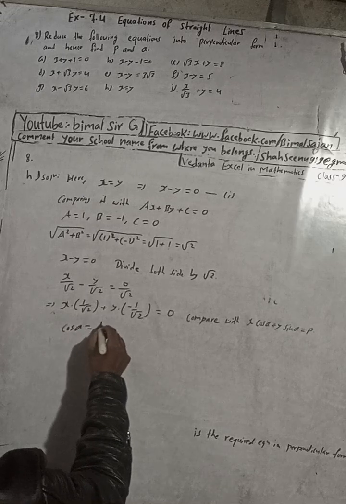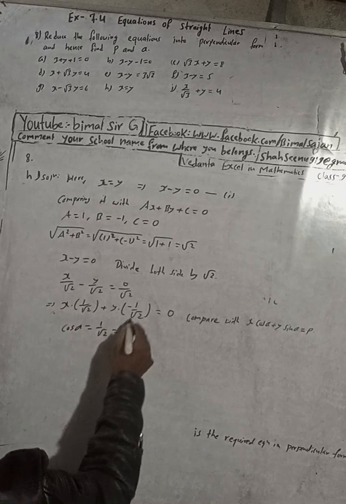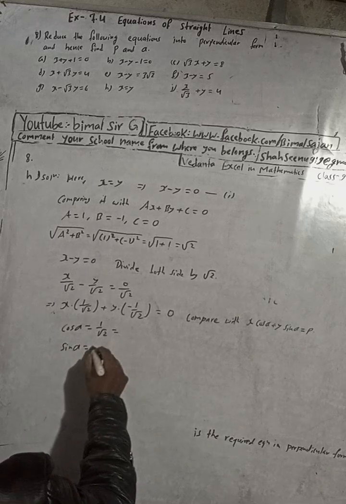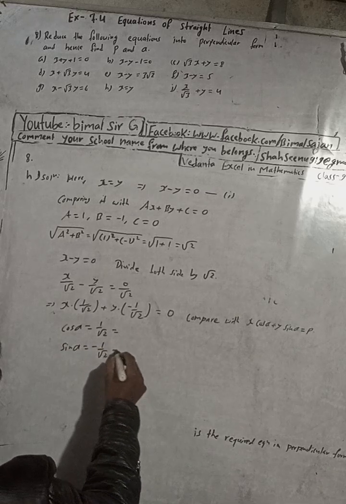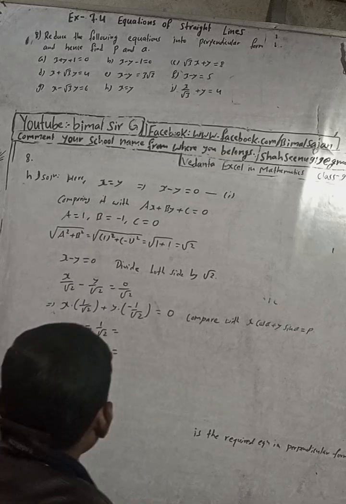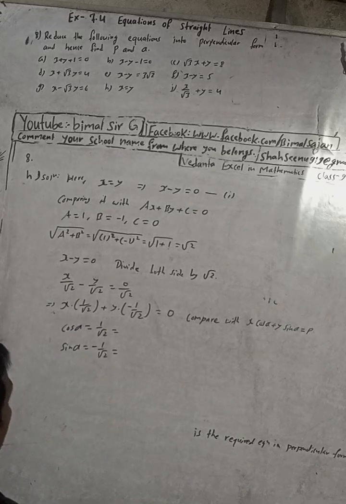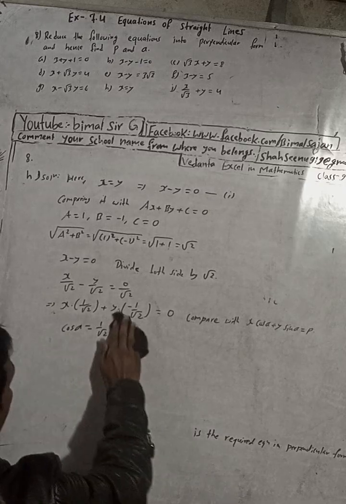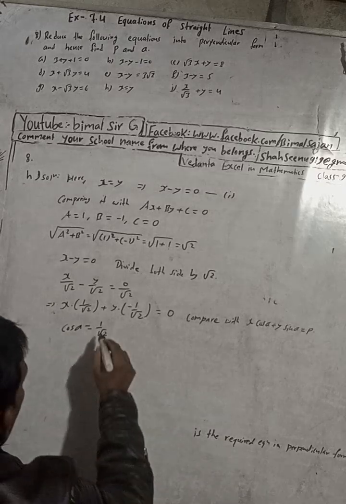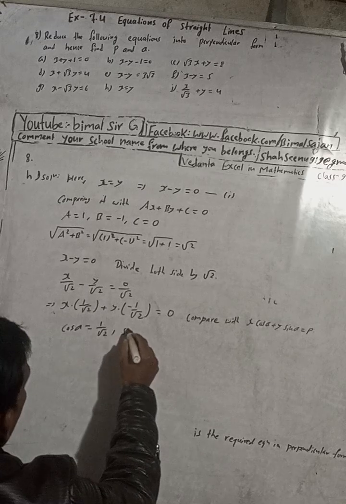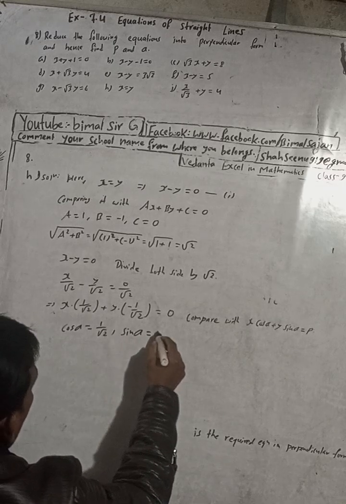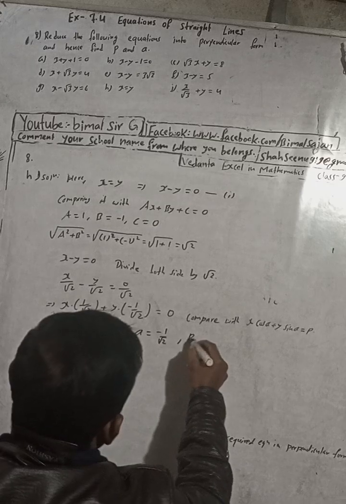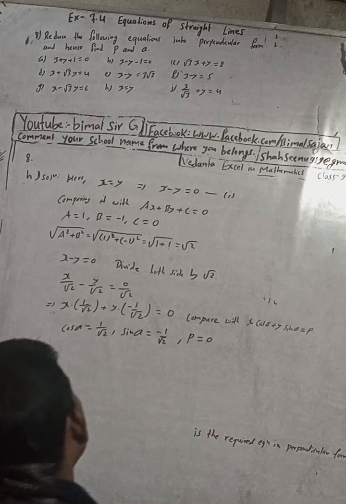Cos alpha is equal to 1 by root 2, and sin alpha is equal to minus 1 by root 2, and p is equal to 0, the perpendicular length is 0.